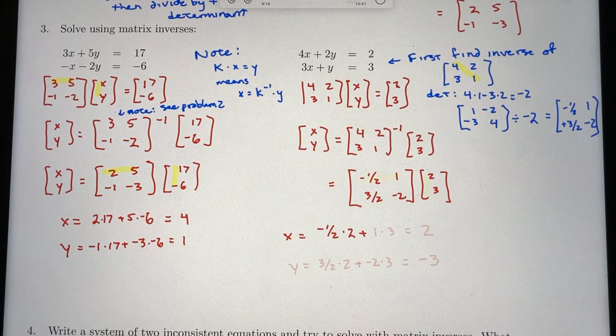Remember, always, always, always, rows on the left, columns on the right. -1 plus 3 is 2. 3 plus -6 is -3.